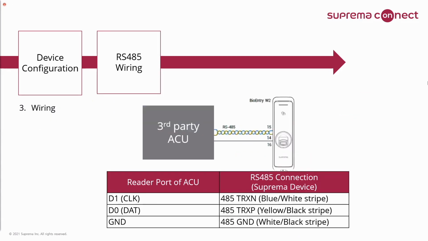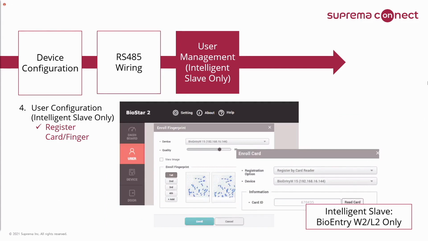According to the pin map, please connect the RS485 cable of the BioStar devices to the panel. If you want to use the intelligent slave function, please register the user information with biometric information or card in BioStar software.